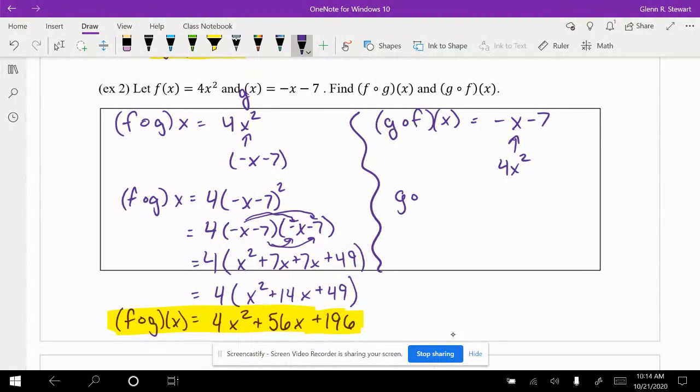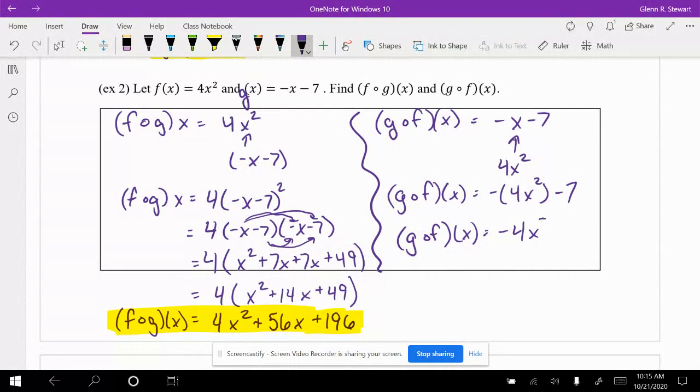So g of f of x is equal to negative parenthesis 4x squared close parenthesis minus 7. So g of x, I can just distribute that, negative 4x squared minus 7, and I can't simplify that anymore. Okay, the 7 doesn't have an x with it, so we can't combine terms.